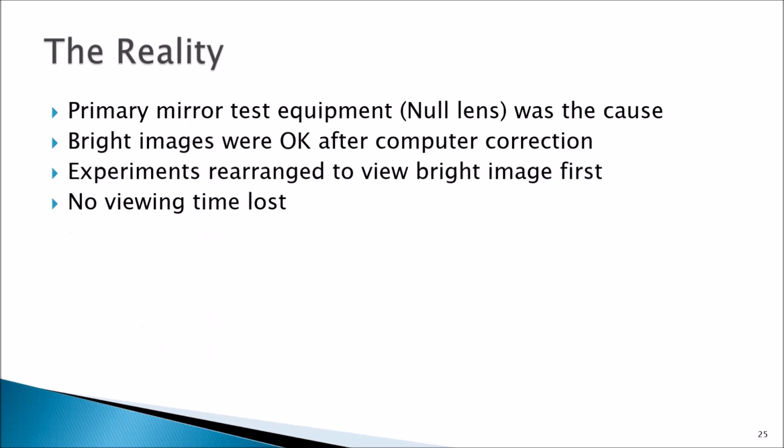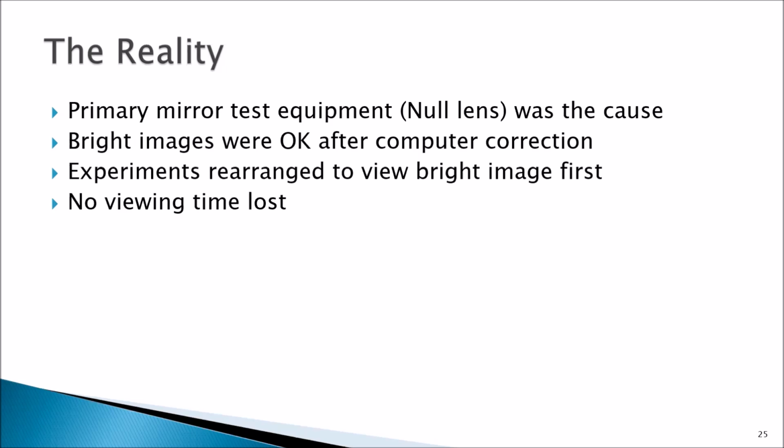So in reality, it was the Null lens that caused the problem, and the mirror came out actually with a very near perfect curve, but the wrong curve.